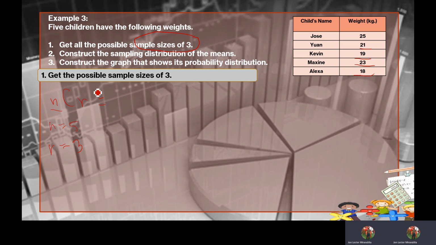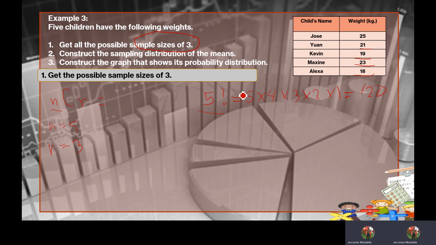Paano nga ba mag-solve ng combination? Okay, para lang siyang 5 factorial. So, paano ulit ang 5 factorial? We have 5 times 4 times 3 times 2 times 1 will give us the product of 5 times 4, 20, times 3, 60, times 2 is 120.